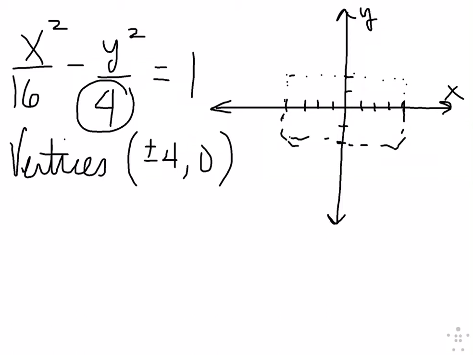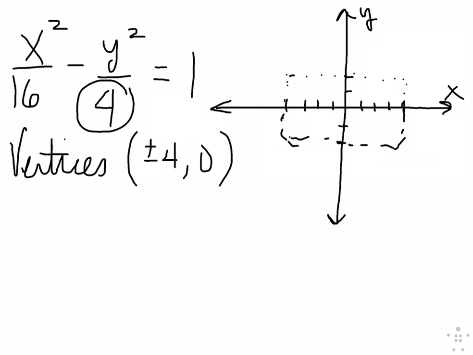Okay? Now, here's the reason why I created the box. If I connect the corner to the opposite corner, like if I go from the bottom left to the upper right and connect it with a line, that's your asymptote. So it's easier, I think, to figure that out if you create the box.